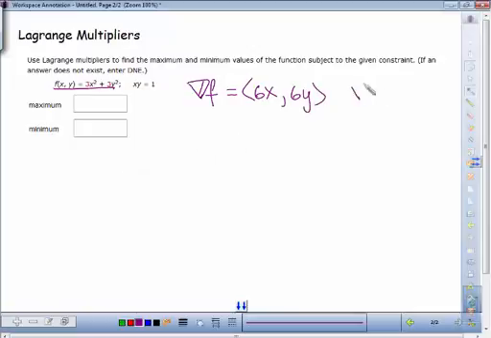And then our g function, g is really a relation between x and y, but we're going to consider it as a function of x and y. And then the equals 1 part makes it a level curve. If we look at that with respect to x, it's going to be y and then x.